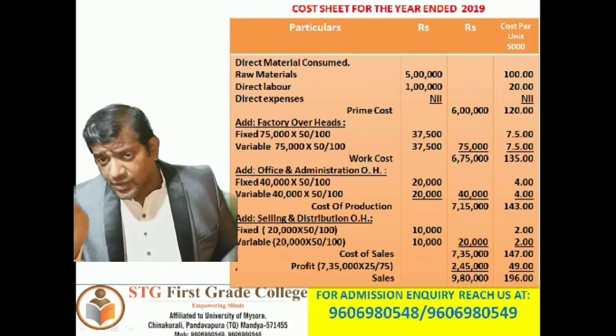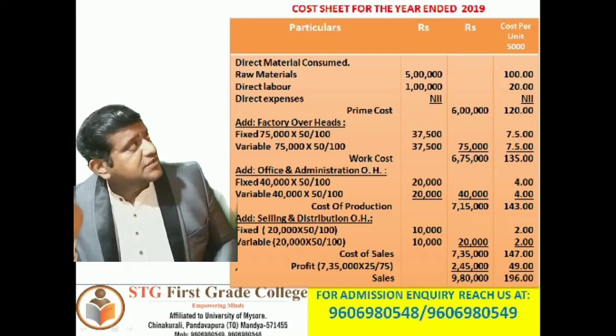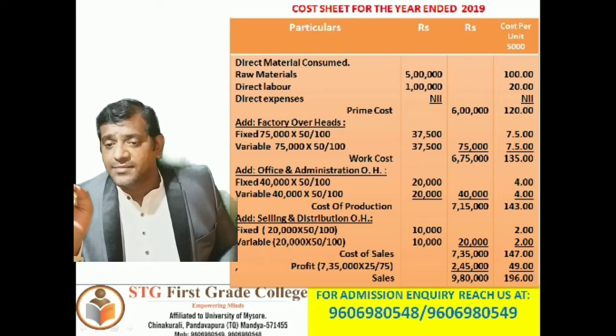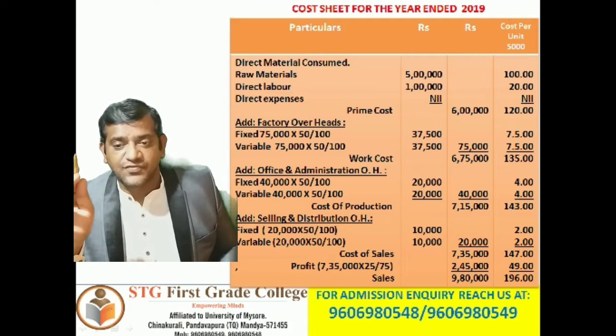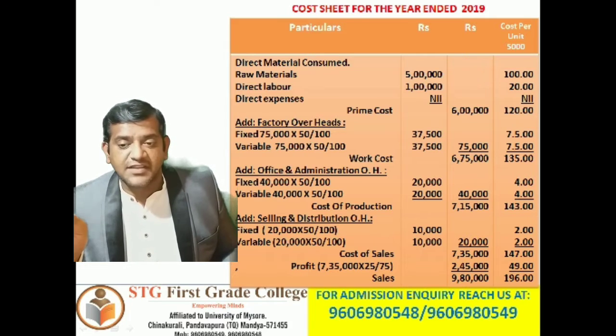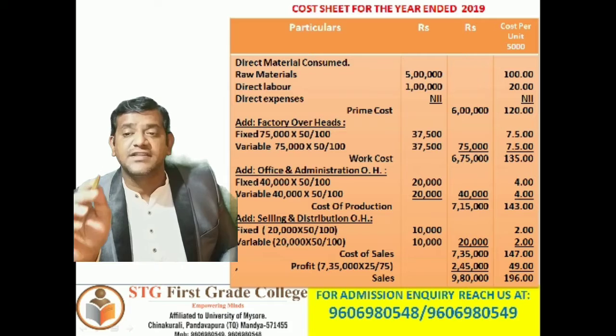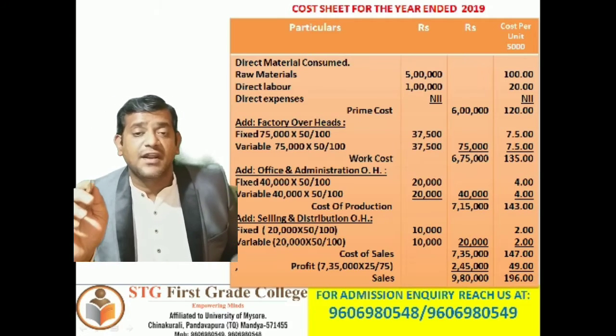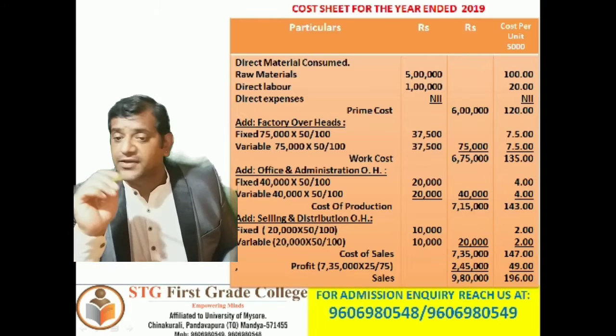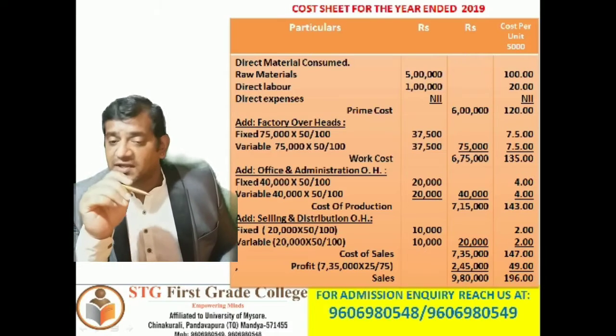So now work cost 6,75,000 plus office and administration overheads 40,000, together you get cost of production 7,15,000 rupees. 7,15,000 divided by 5,000 gives 143 rupees per unit cost. So that is cost of production.